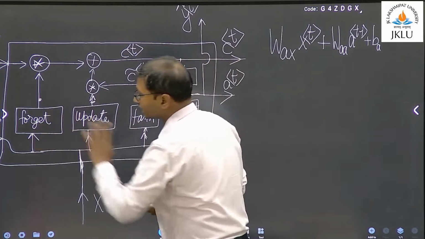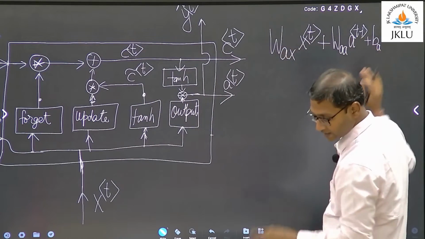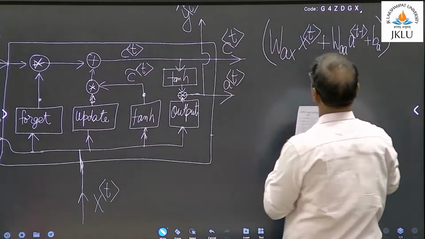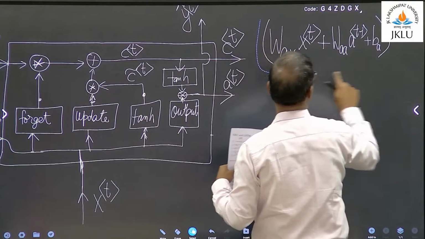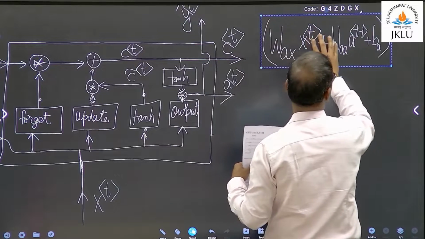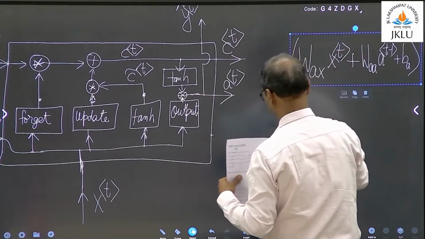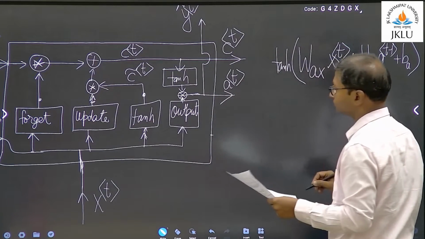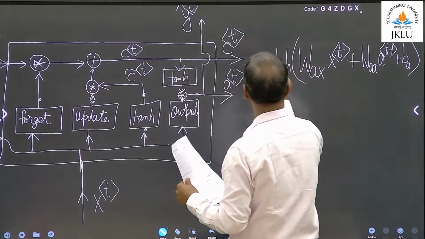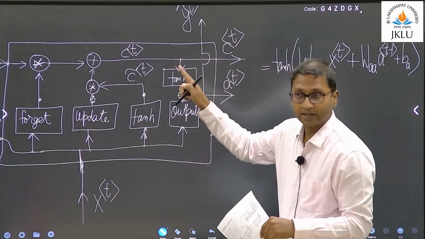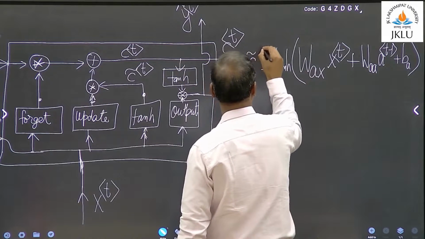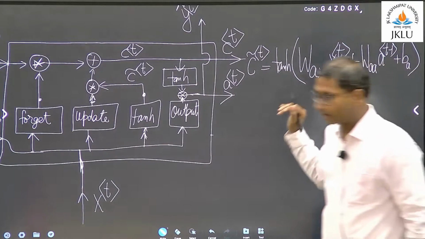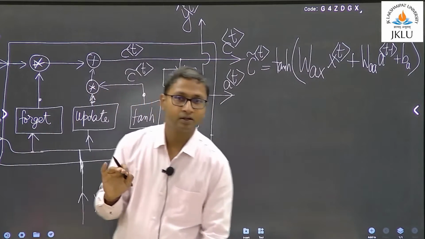All these are doing the same thing, and you take tanh of this, and what do you get? C tilde t. Is this thing fine? This is same as what we were doing in case of vanilla RNNs.